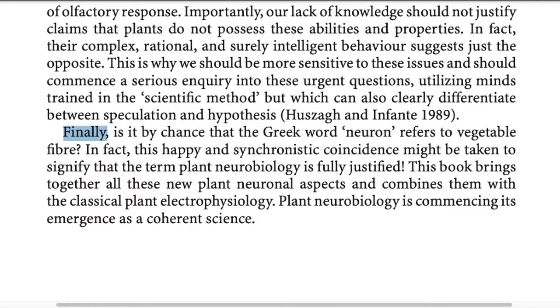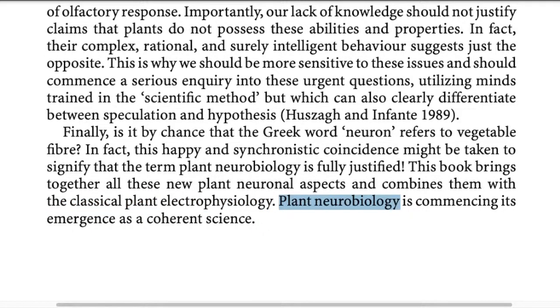Finally, is it by chance that the Greek word neuron refers to vegetable fiber? In fact, this happy and synchronistic coincidence might be taken to signify that the term plant neurobiology is fully justified. This book brings together all of these new plant neuronal aspects and combines them with the classic plant electrophysiology.